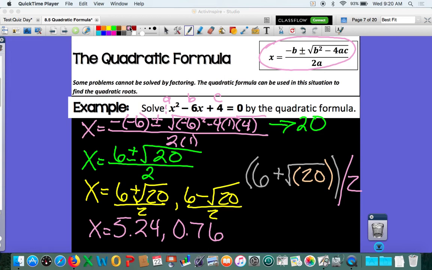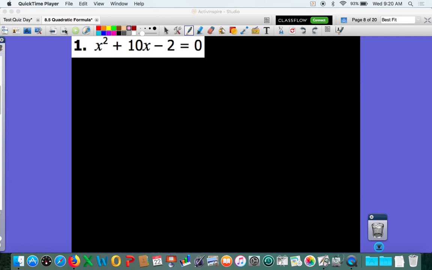All right, the next one we're going to look at is number 1 on our notes page. Again, make sure that this is in standard form. You have your A value, which is 1, your B, which is 10, and your C, which is -2. Go ahead and plug this into your equation. I'm going to write the equation. X equals -b plus or minus the square root of b squared minus 4ac, all of it over 2a.